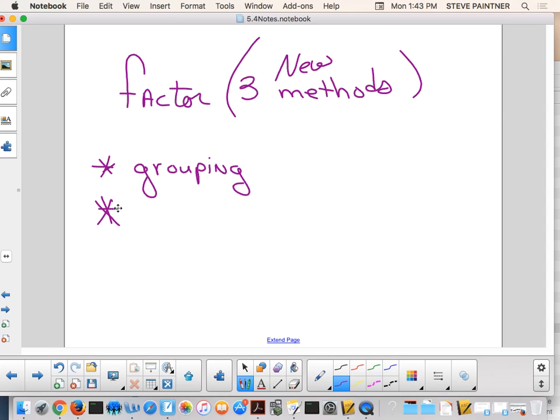Perfect cubes. Oh, by the way, I was not that mean to you. It's mean enough I do this on a Monday, but I did give you the perfect cube formulas, so when you see it, please follow the formula. This should be a nice, easy one for you. Then there was one more type of factoring.